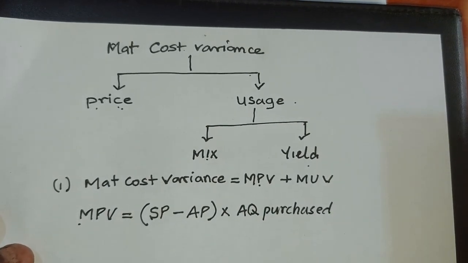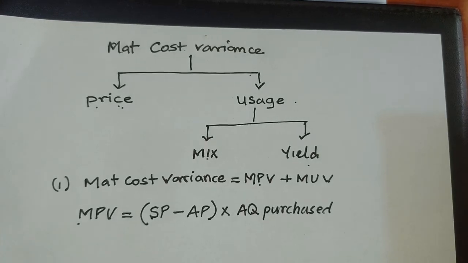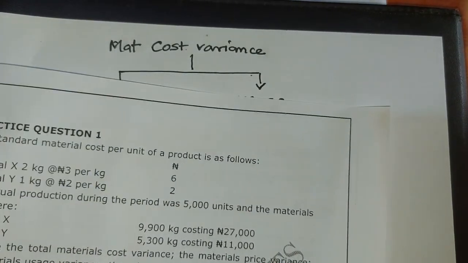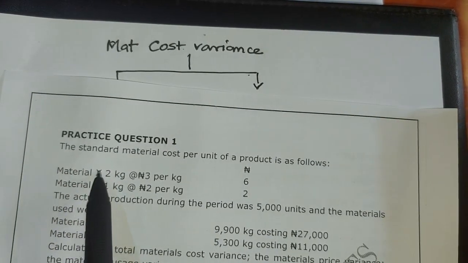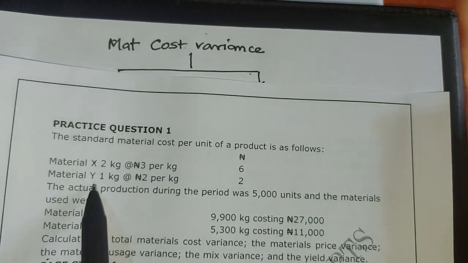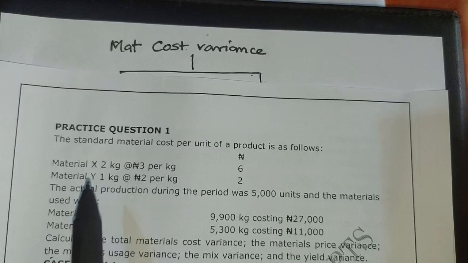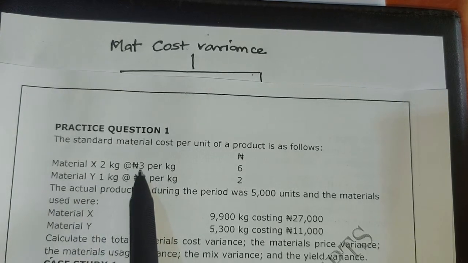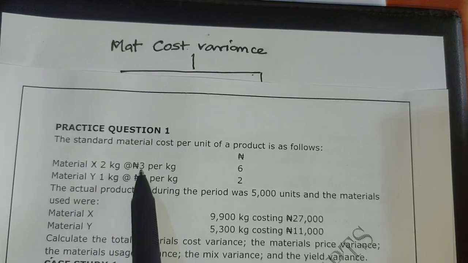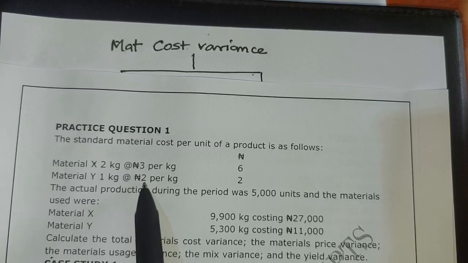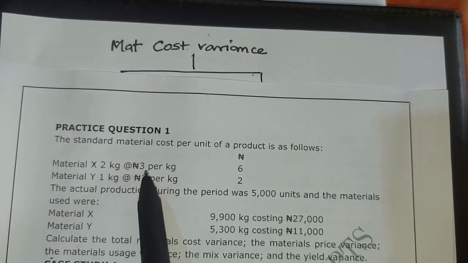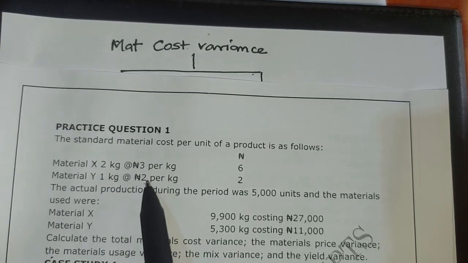Now, in this question, we have two materials, that is material X and material Y. The standard prices of these materials X and Y are 3 naira and 2 naira. That's the standard.